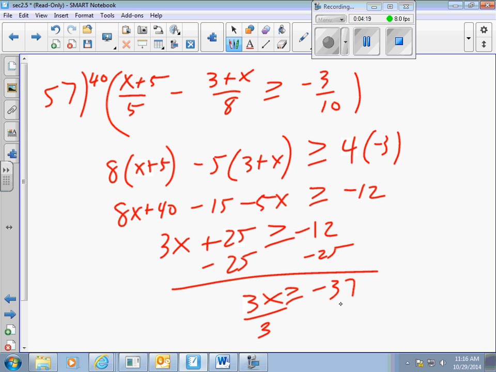Divide by 3, divide by 3. Because we're dividing by a positive, we don't have to switch the signs. Since we are going to be greater than this, we're going to positive infinity, and we are going to be at negative 37/3 inclusive for the bottom part.